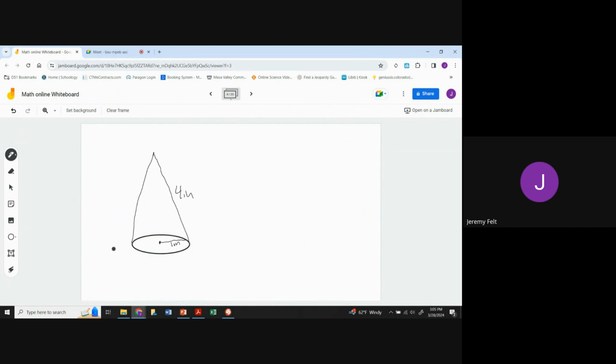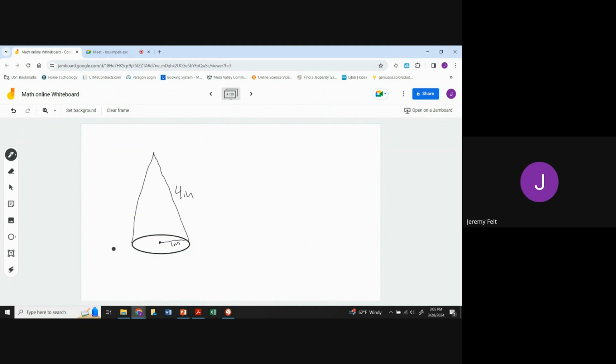So we're going to find the lateral surface area. And again, this is on your reference sheet, so you may want to have those handy as you're going through. We talked about volume of the cone, but now we're looking at surface area and lateral surface area.